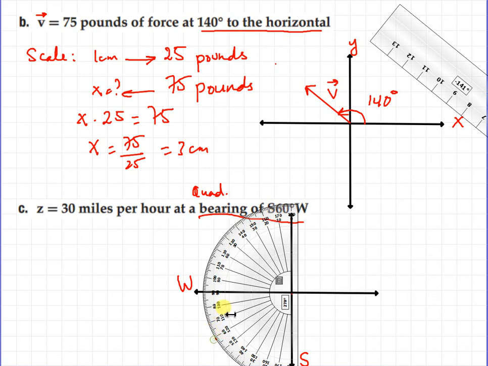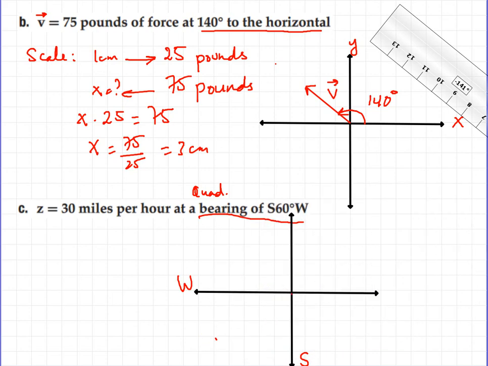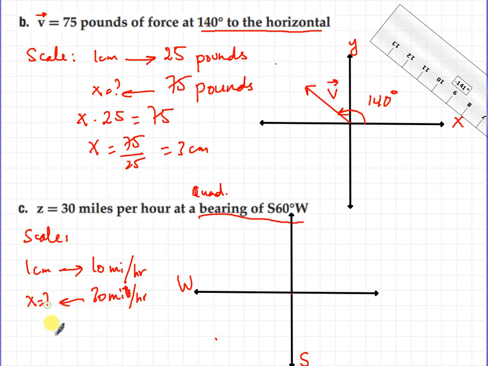Okay, now 30 miles per hour, again scale: 1 centimeter could represent 10 miles per hour. So 30 miles per hour, how many centimeters? x would be 3. You do the math. So I have to draw 3 centimeters.